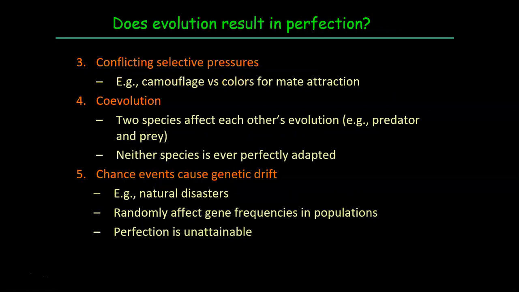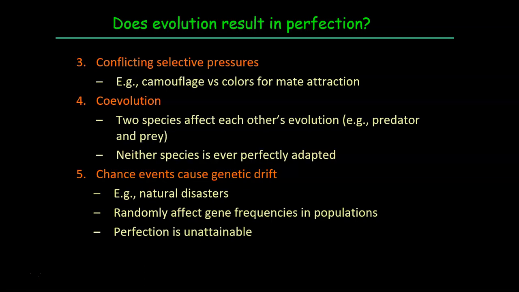Third reason why evolution doesn't result in perfection is that there's conflicting selective pressure. I want you to think back to that picture of some of those birds with the crazy feathers and how brightly colored they were. That's like painting a target on your back in a tropical rainforest. Predatory animals, like hawks that would try to snatch those birds and eat them, make it difficult for those individuals with all those elaborate traits, those bright colors and fancy feathers.